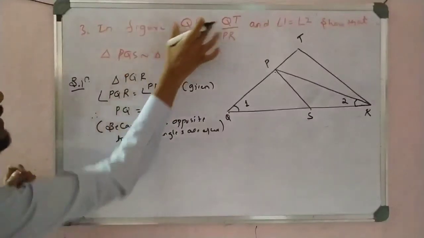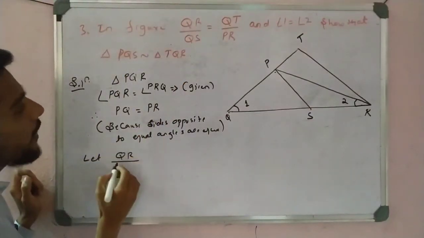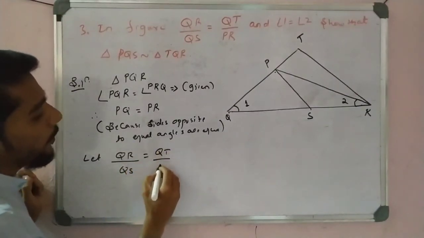Let us see here: QR by QS is equal to QT divided by PR.